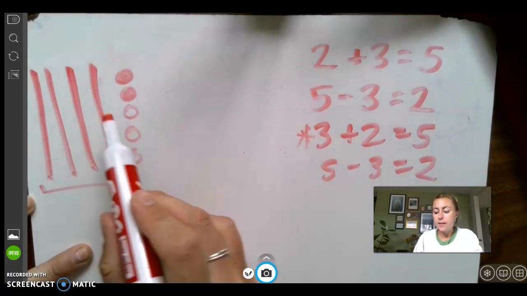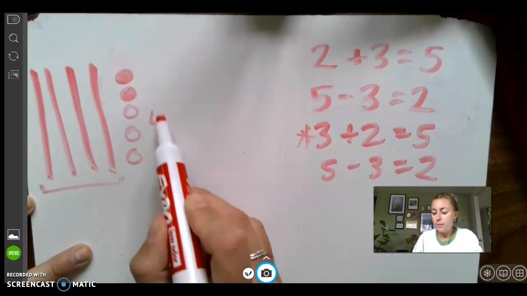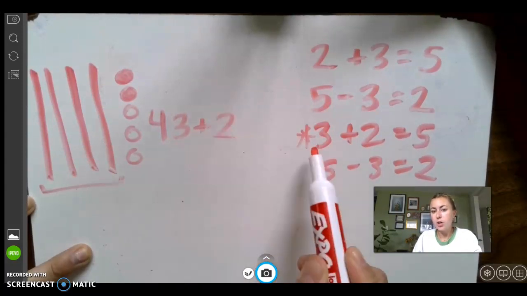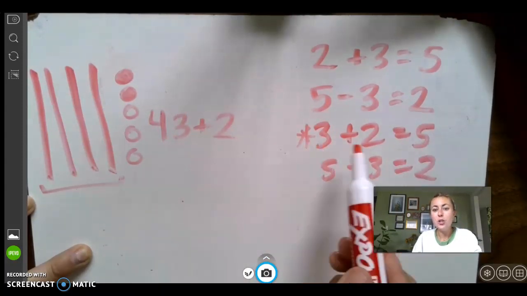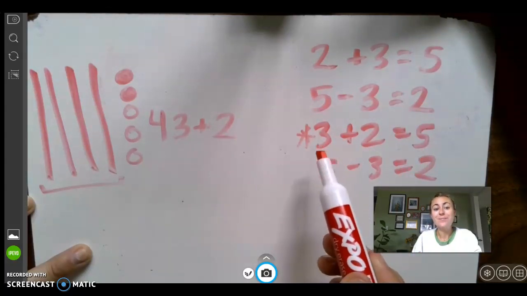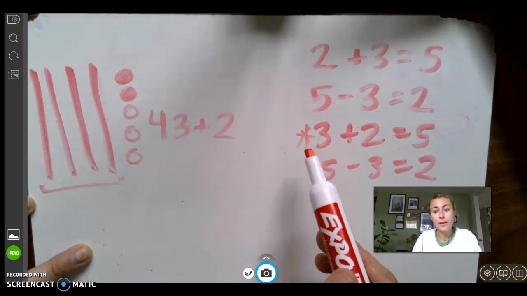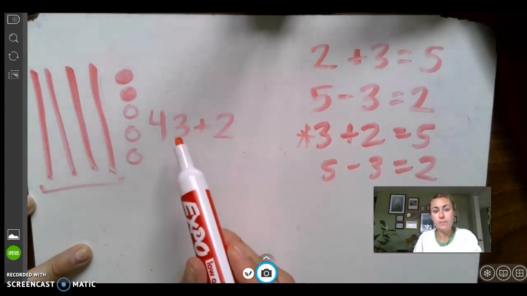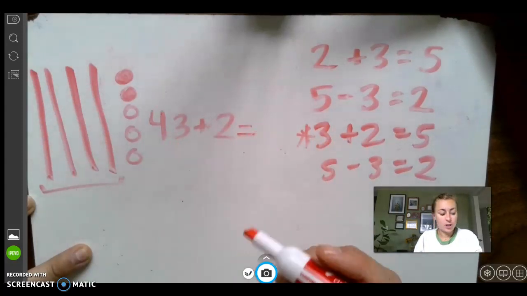Now I want you to see that I have 43 plus 2, and I put a little star next to that one. What did I do to this equation? That's right, I added 40. So instead of 3, now I have 43. So what do you think my answer is going to be?